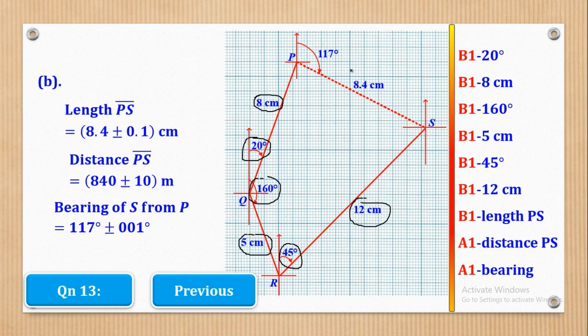Now using your ruler to measure this distance, measuring that length will also be a mark which is given here now. So this mark for length PS is given at this point.